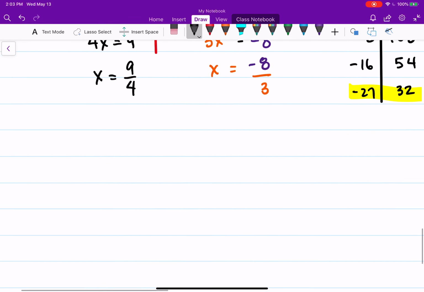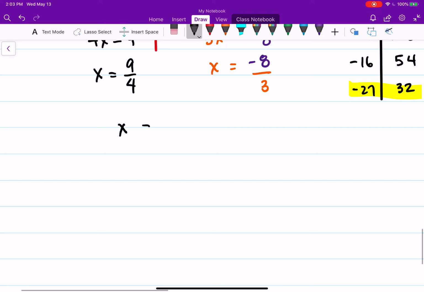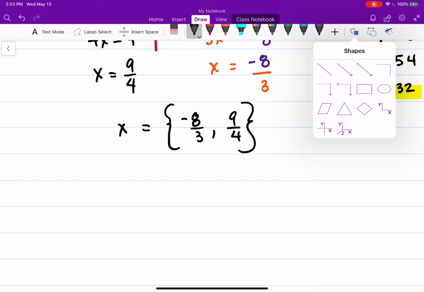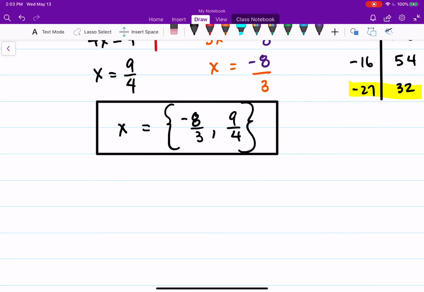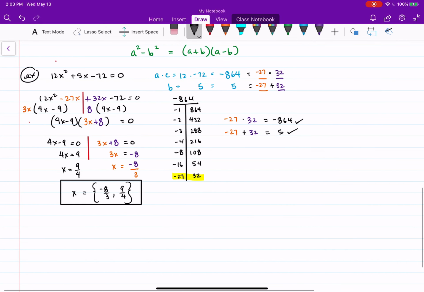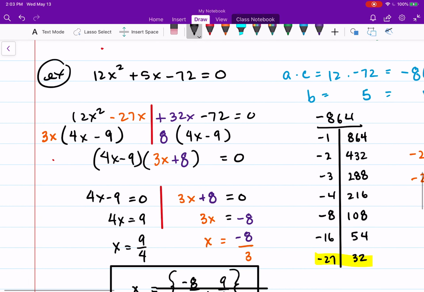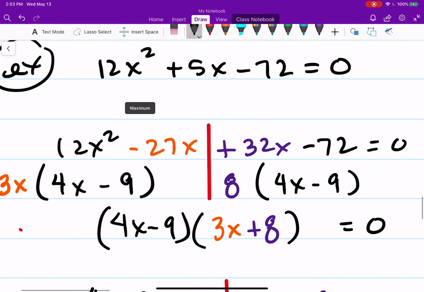Typically I would write it in set notation because I'm giving a set of answers here: open squiggly, -8 over 3, comma, 9 over 4, close squiggly. So that would be my answer. Okay? So, again, GCF, well, standard form, which it already is, awesome.